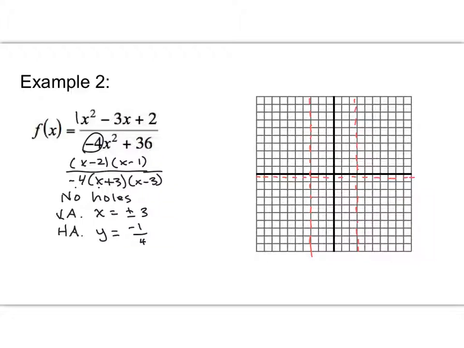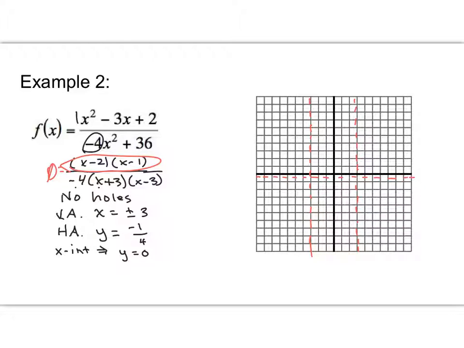Now, if I want to find the x-intercept, well, that means that y is equal to 0. And since this is a fraction, the only time that this is going to be equal to 0 is if my numerator equals 0.